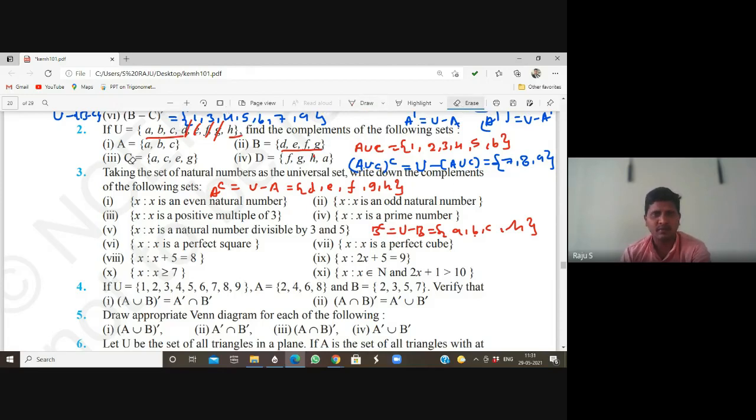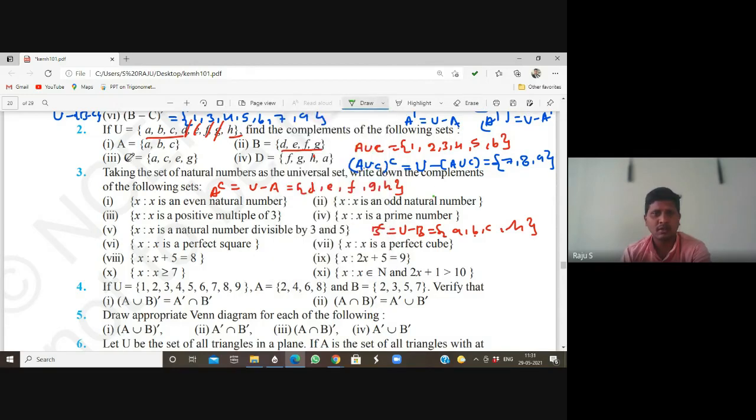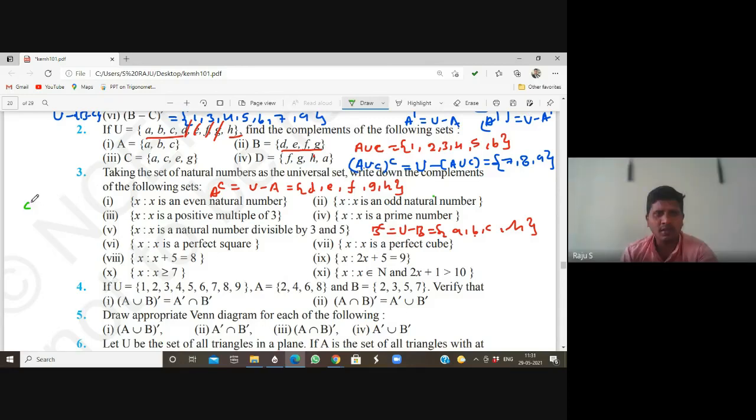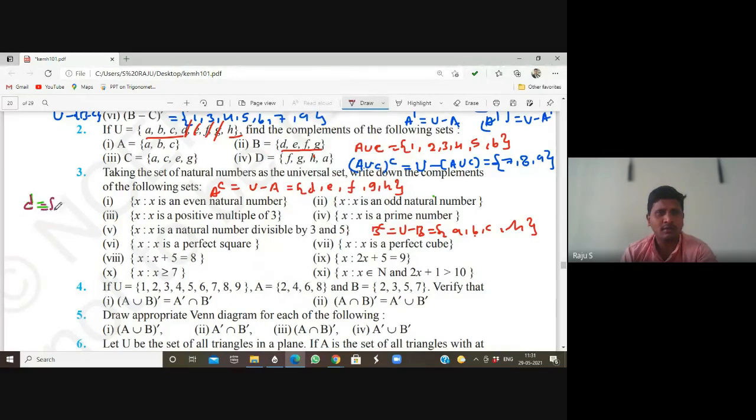Next, C complement. C is B, D, F, H. C complement means you can cancel the common elements which belong to universal and C. A cancel, C cancel, E cancel, G cancel.